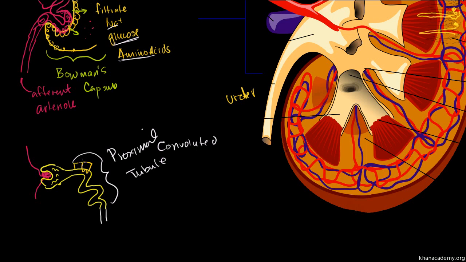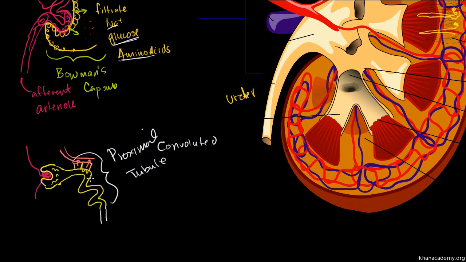So you have cells out here. And on the other sides of the cells, you have an arterial system, or a capillary system, I should say, actually. So let's say you have a capillary system here that is very close to the cells lining the proximal tubule. And so this stuff actually gets actively pumped, especially the sodium, but all of it, using energy, gets pumped back into the blood selectively.